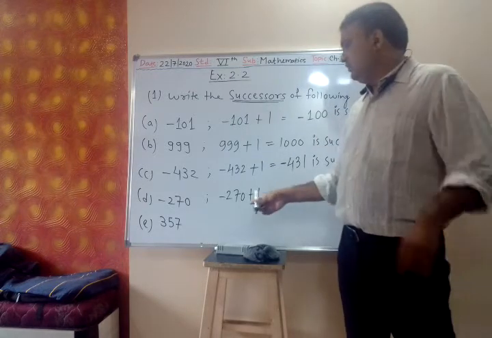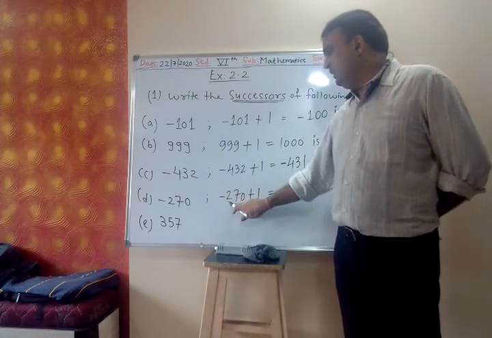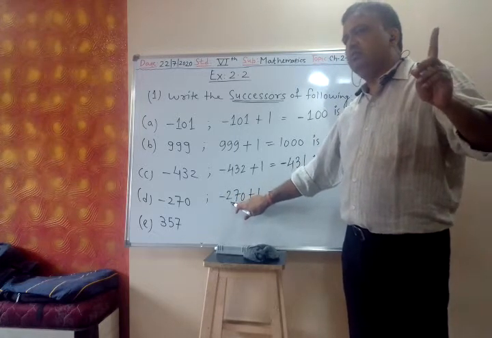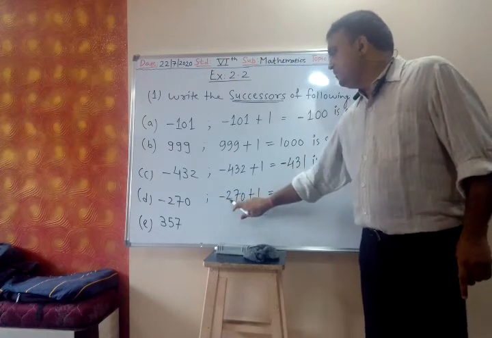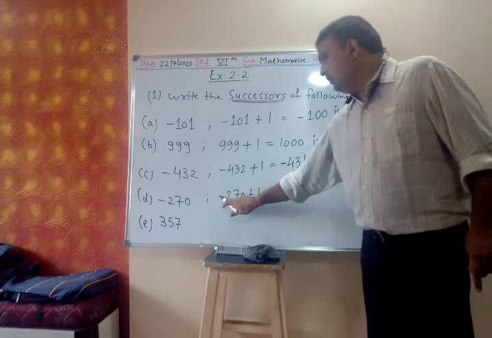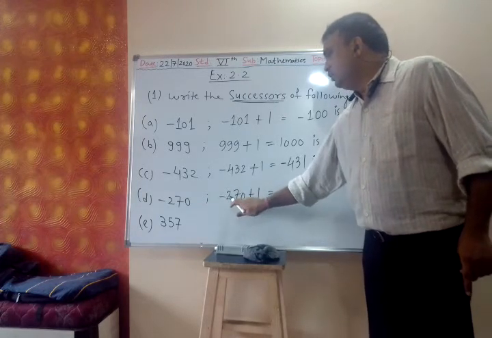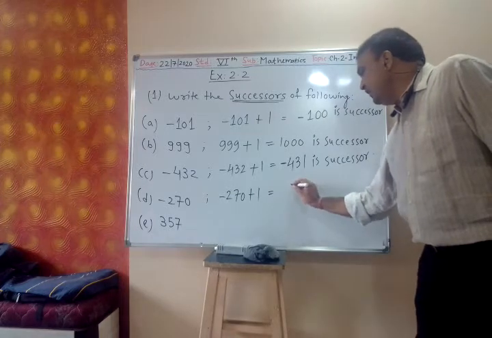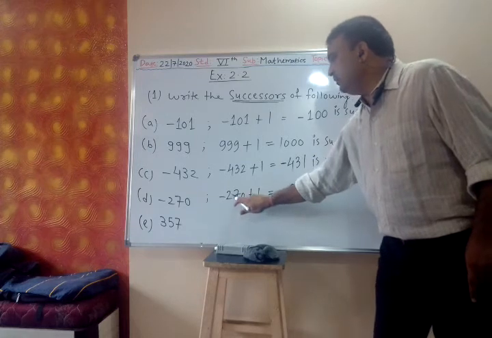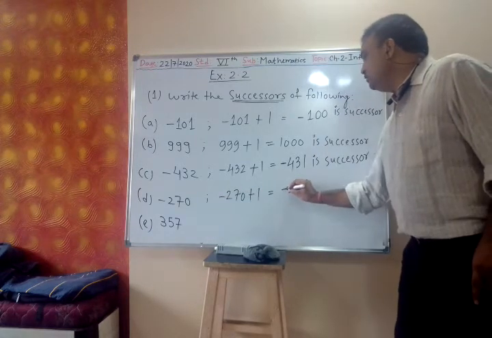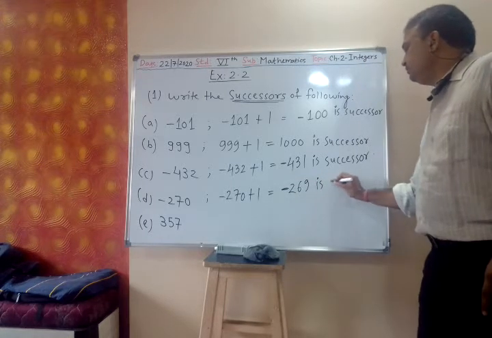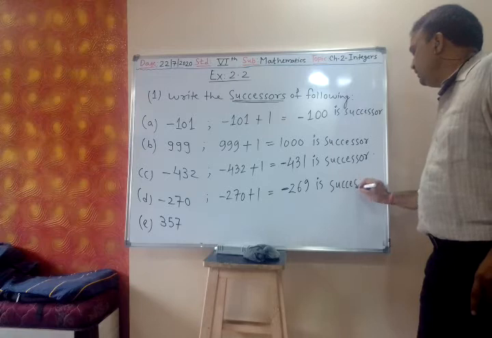Minus 270 plus 1: 270 has a minus sign, 1 has a plus sign. They have opposite signs, so we have to subtract. 270 minus 1 is 269, and take the sign of the bigger number. 270 is the bigger number. What is its sign? Minus. So we write minus 269. Minus 269 is the successor.